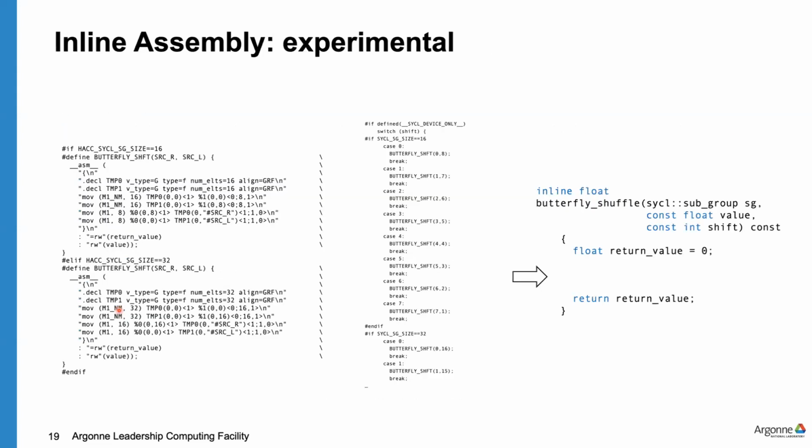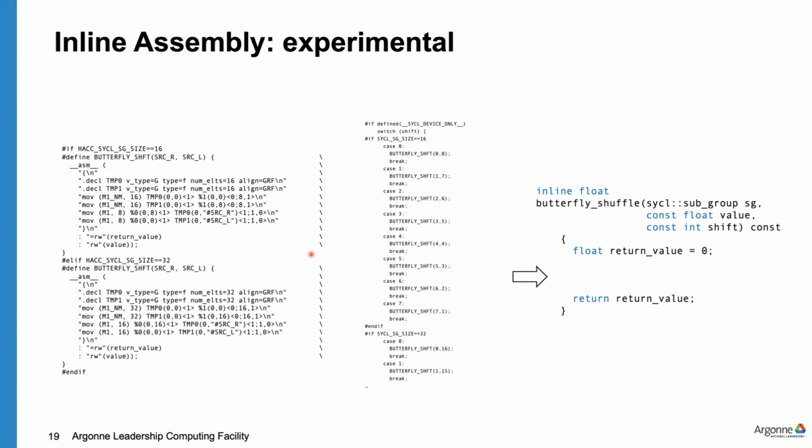We've also been experimenting with inline assembly. So far, this is a very optimized version of the exchange pattern that we use in HACC, implemented in inline assembly. This isn't exactly the XOR pattern. I didn't have enough time to dive into all these details, but it is a similar exchange pattern that preserves the pairwise symmetry, a kind of cyclic shift on half the SIMD width.